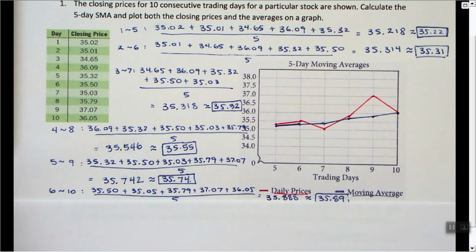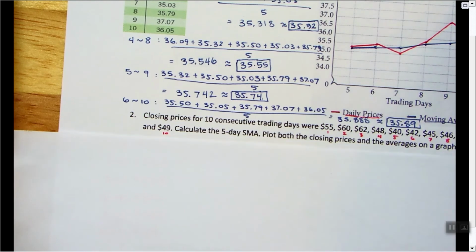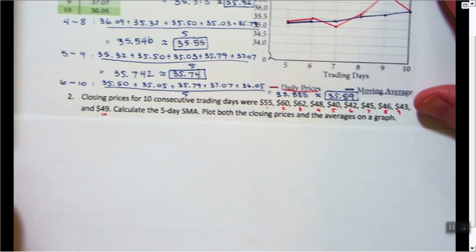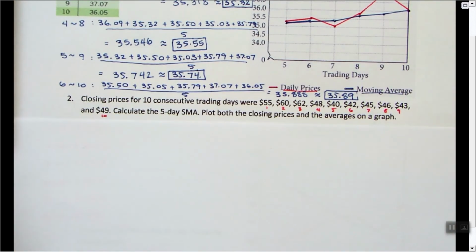Okay, the next problem is the closing prices for 10 consecutive trading days were, and they give you the 10 data points. Calculate again the 5-day simple moving average and plot both the closing prices and the averages on a graph.